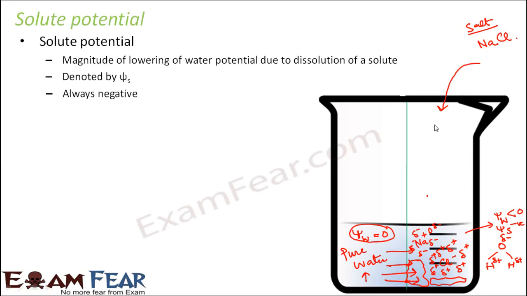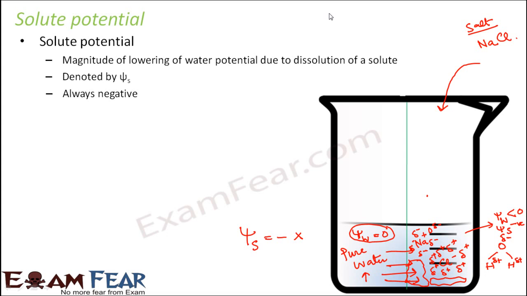As you increase the amount of solute, the value of psi S becomes more negative. Suppose initially when you added salt, the value of psi S was minus X. As you keep adding more and more salt, the value keeps on becoming more negative. More negative means psi S is actually decreasing.